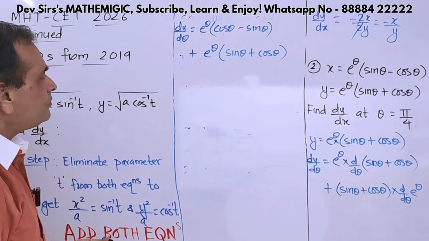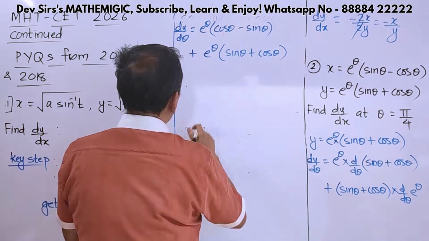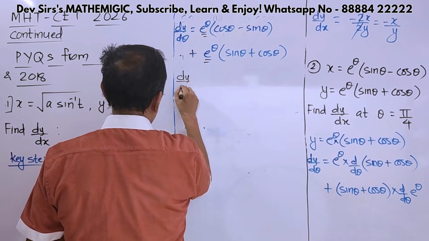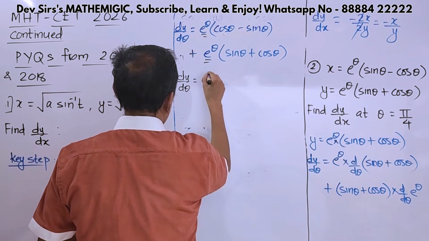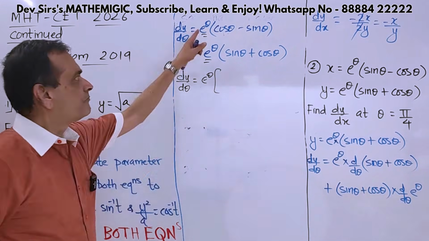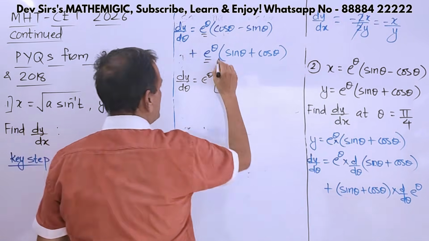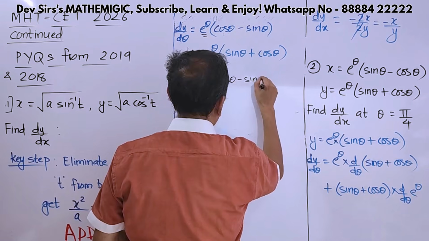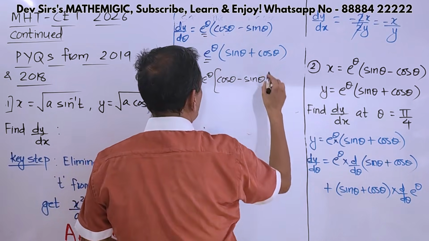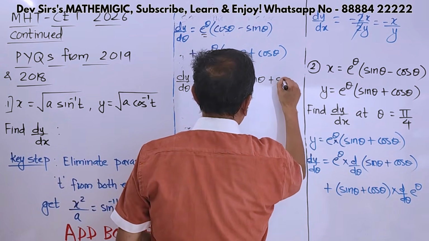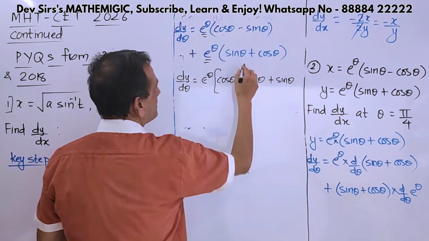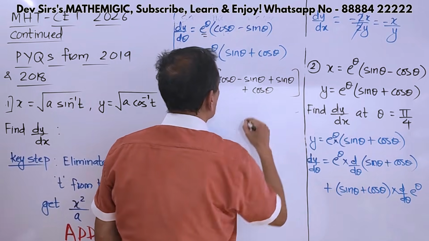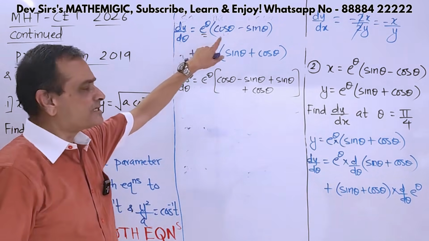Now what am I going to do? I am going to take e raised to theta common from both. What remains here? Cos theta minus sin theta plus sin theta plus cos theta. I mean, these are not two equations.